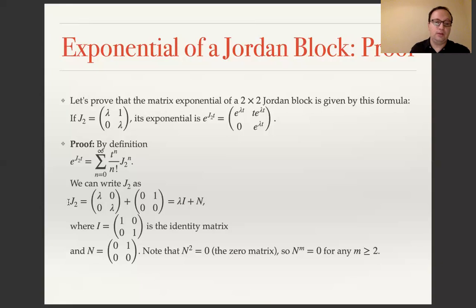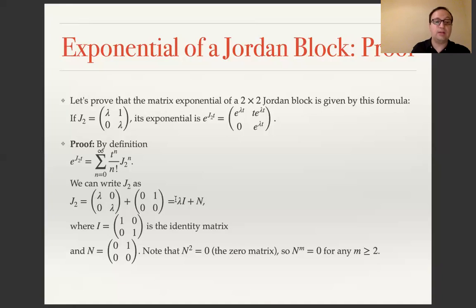Then we look at this 2 by 2 Jordan block J2, and we write it as the sum of two things: the part that has lambda on the main diagonal and the one in the upper right corner. So the matrix that has lambda on the main diagonal and nothing anywhere else, so it's the matrix lambda, 0, 0, lambda.